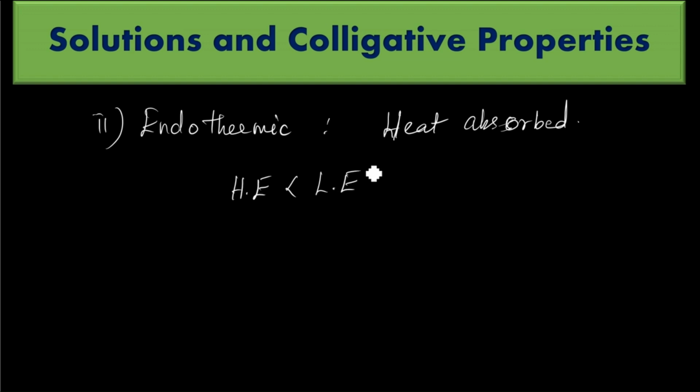We very well know what hydration energy is, what lattice energy is. So hydration energy should be less than the lattice energy, which in this case makes delta H greater than 0, and this leads to the insoluble case at the given temperature. Let's say room temperature.